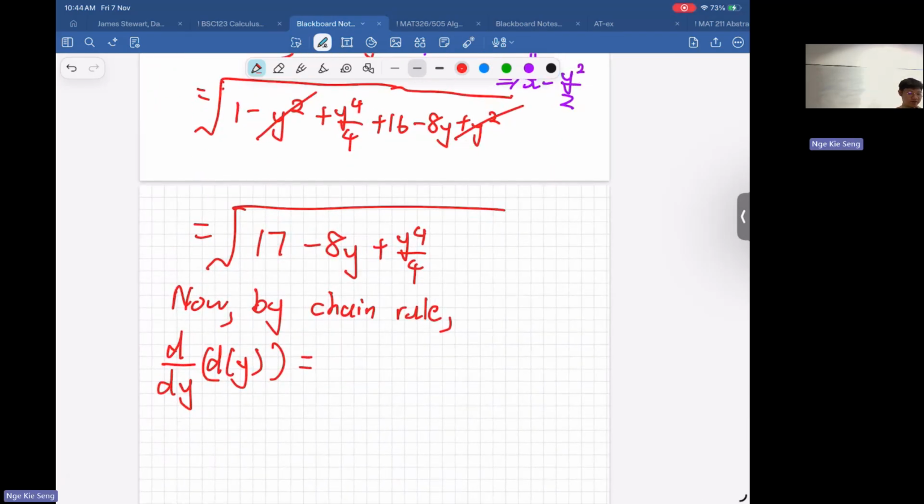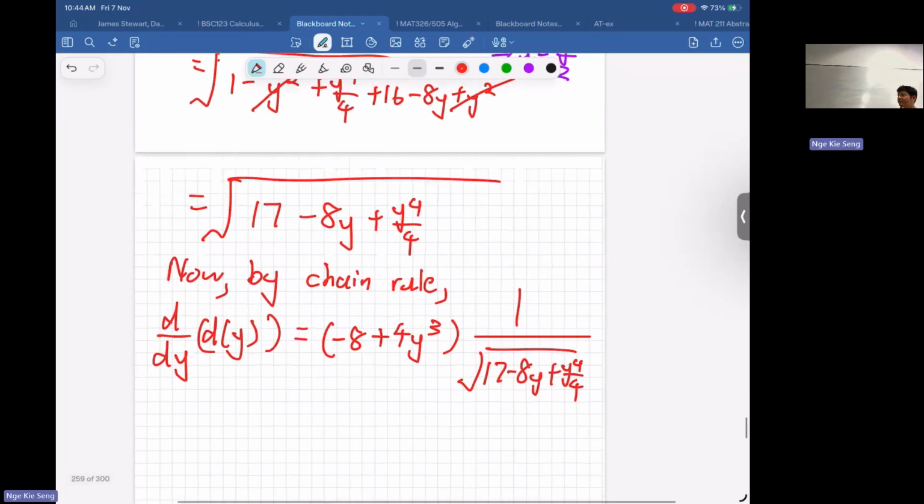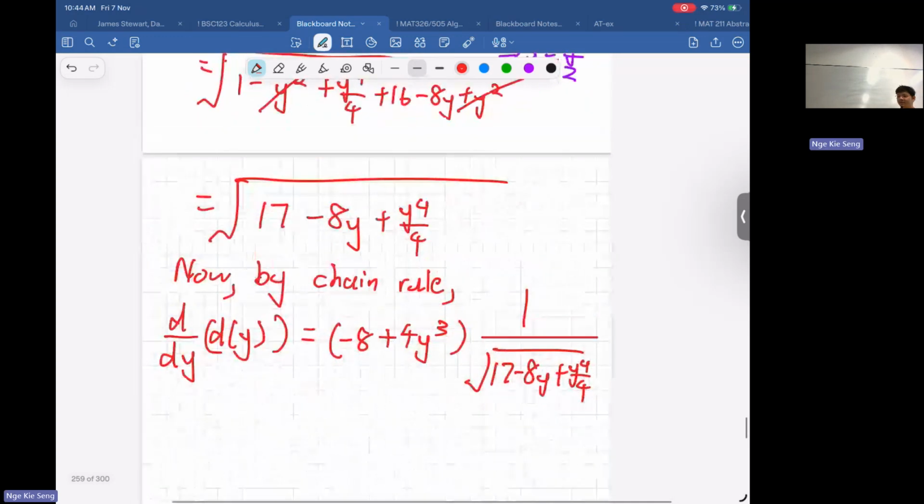So how do we differentiate this? We're going to differentiate everything inside first, which gives us negative 8 plus 4y cubed. And then we differentiate the square root. Everyone happy with this chain rule?